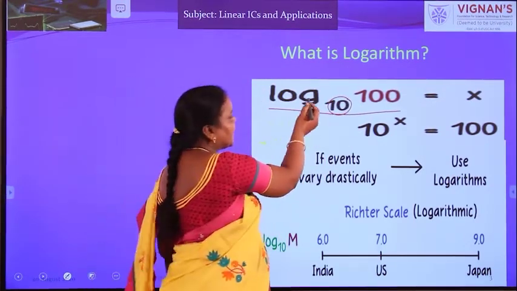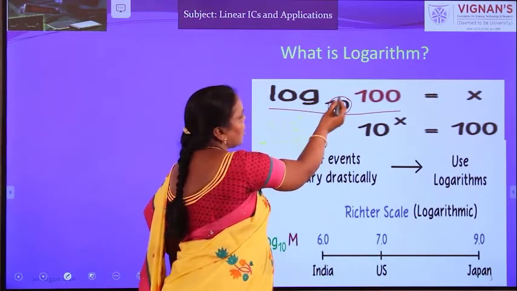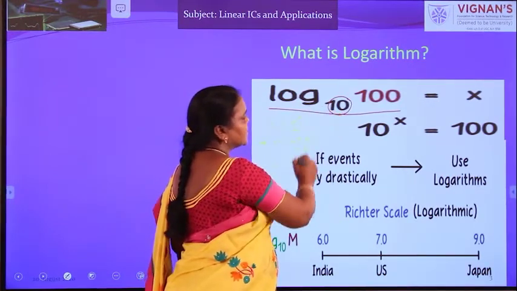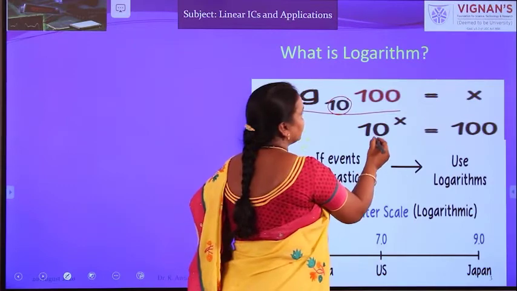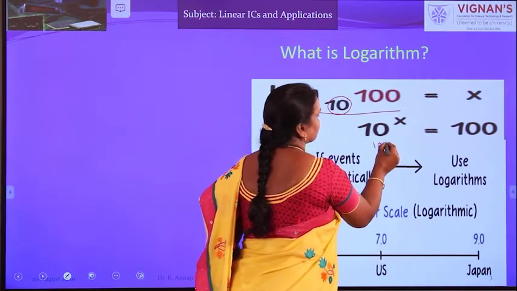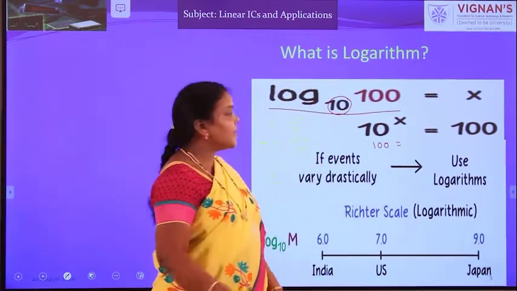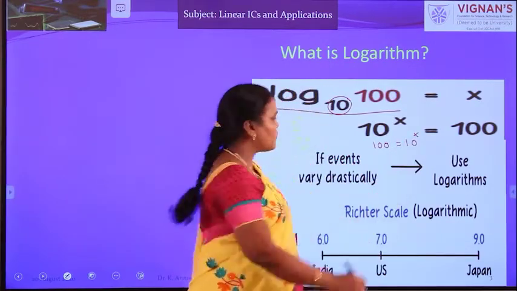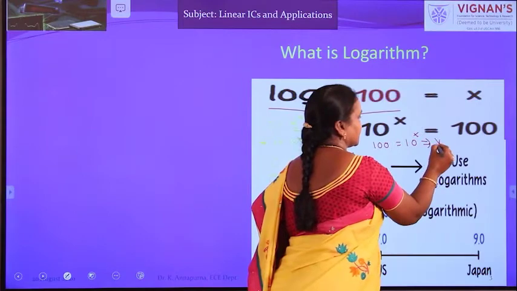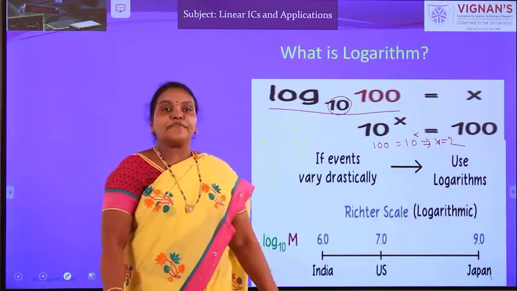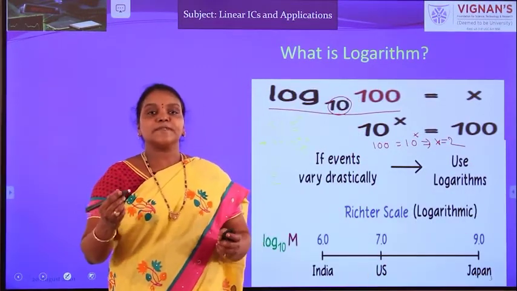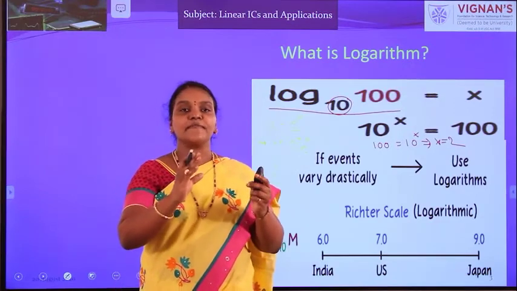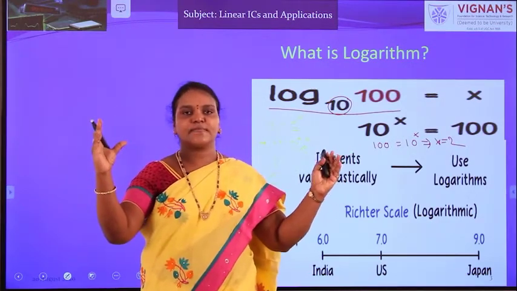Log base 10 and 10 power both cancel, and it results in 100 on the left hand side and 10 power x on the right hand side. So from this, x is 2.